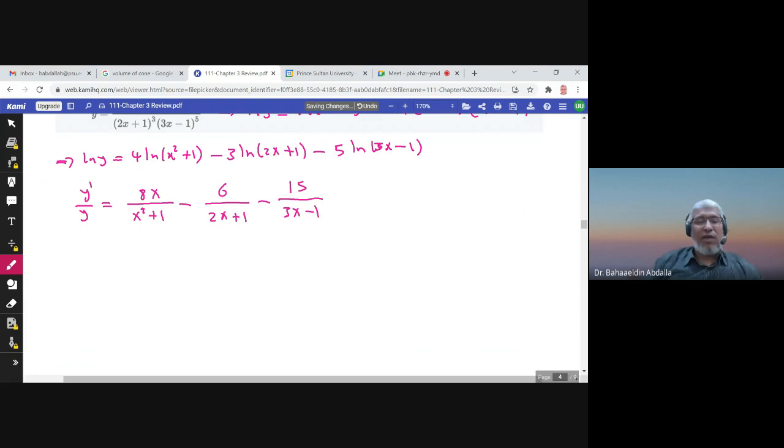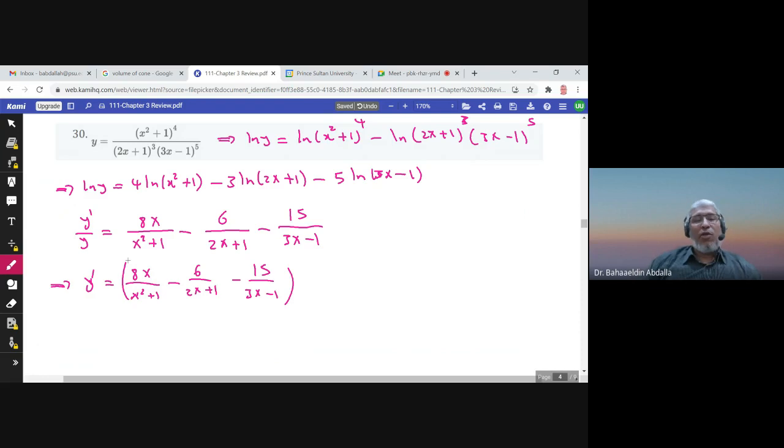And finally, I write y prime equals all of this times y, and y is x squared plus 1 to the power 4 over this times this.